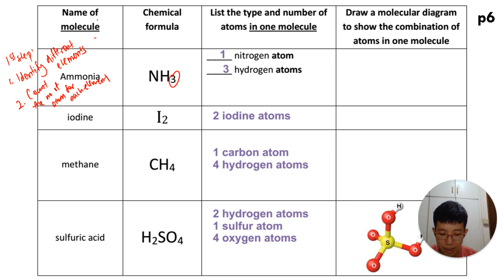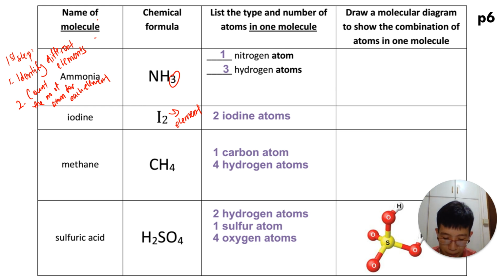Since we see only one capital letter, this one is an element, not a compound. A compound is made up of 2 or more elements chemically combined together. So this one is an element, because there's only one type of element.